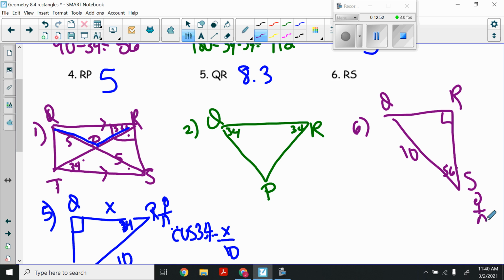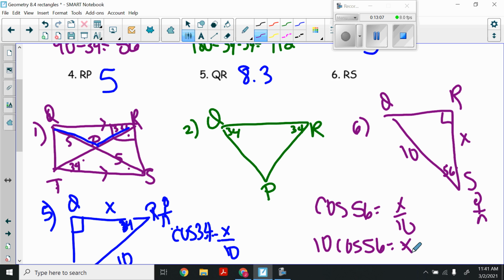I'm looking for RS, my cosine. So I would say the cosine of 56 is equal to x over 10. Cross multiply, 10 times the cosine of 56 equals x. When I type that in, x is approximately 5.6. So RS is approximately 5.6. So given rectangles, we can still use SOHCAHTOA because I have right triangles with my diagonals.